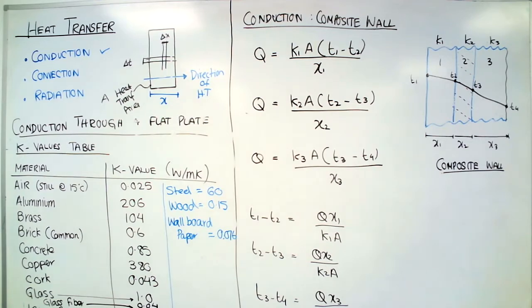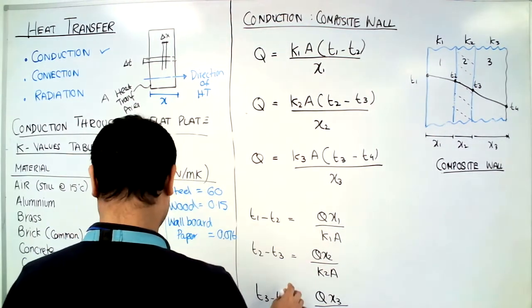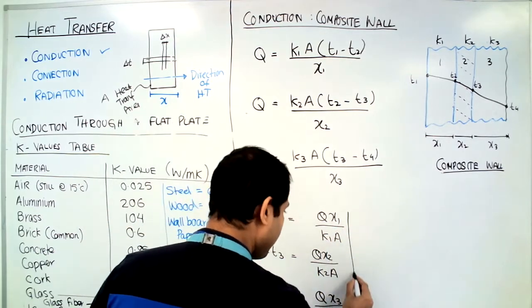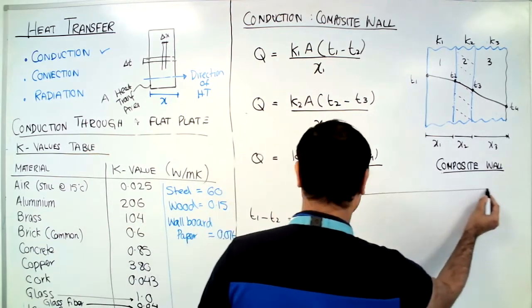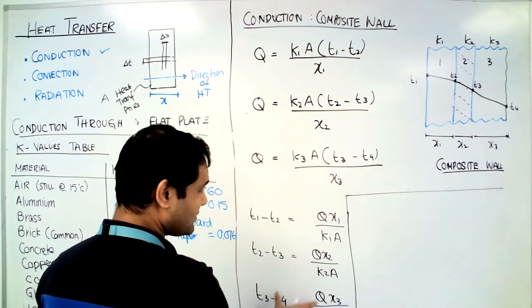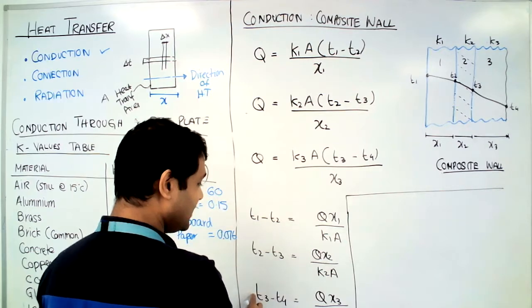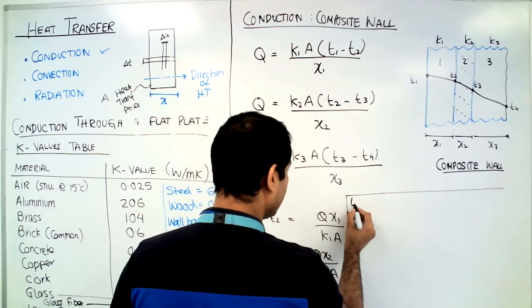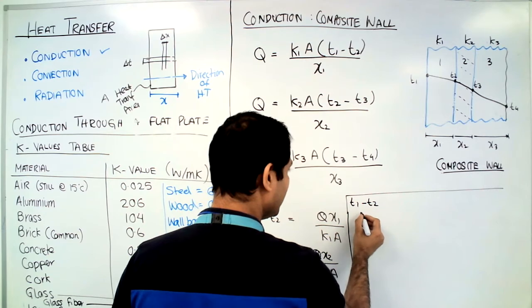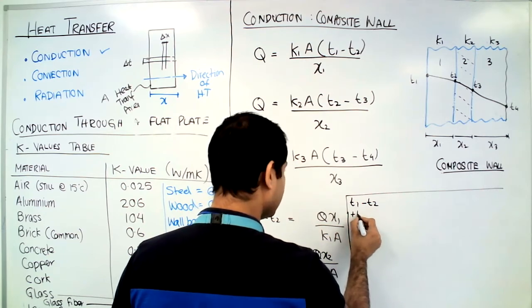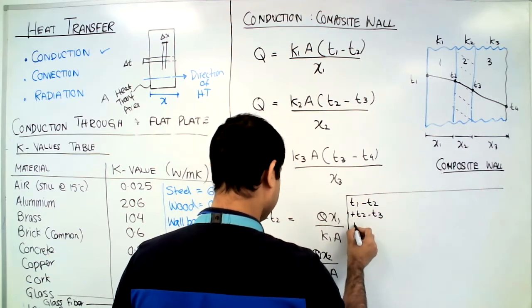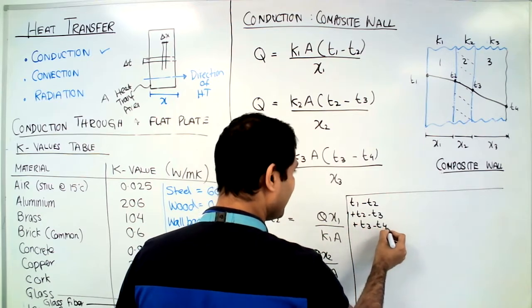Now, if I want to find out T1 minus T4, if I add all of these together, there are two ways of doing it. I do the quickest way. If I add all these sides together, this side becomes T1 minus T2 plus T2 minus T3 plus T3 minus T4.